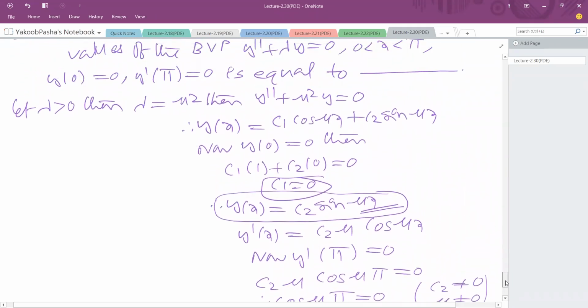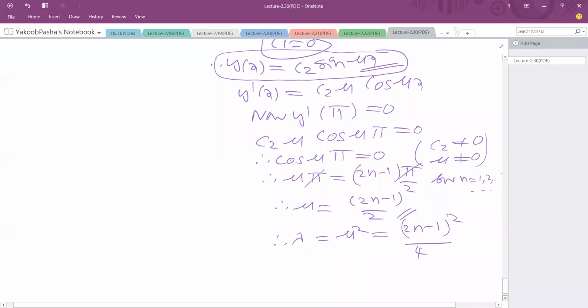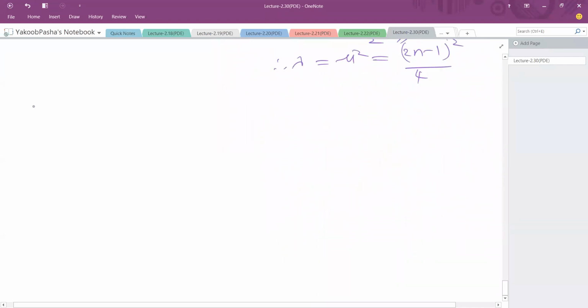Therefore, lambda is equal to mu square, which means 2n minus 1 whole square by 4, for n equal to 1, 2, 3.